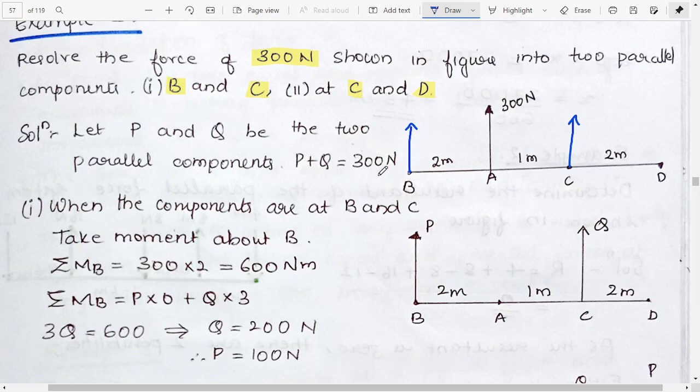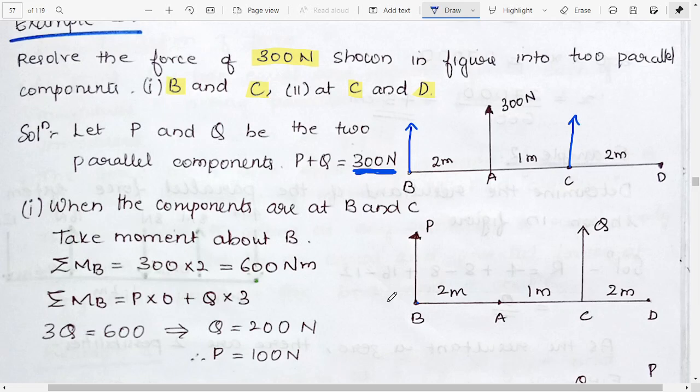Let P and Q be the two parallel components. The sum of them will be equal to 300 Newton because the magnitude won't be changing. It would be distributed between P and Q. But the components are at B and C. Take the moment about B. 300 into 2 will be the moment, which is equal to 600 Newton meter.